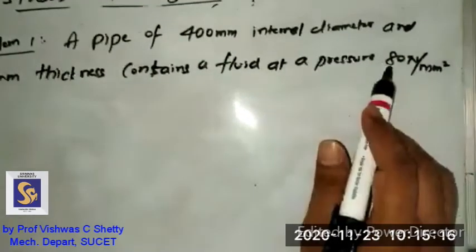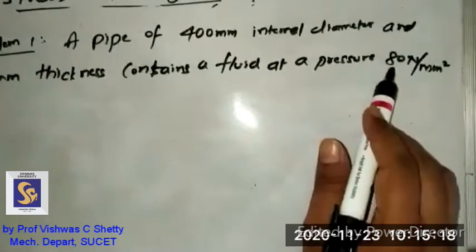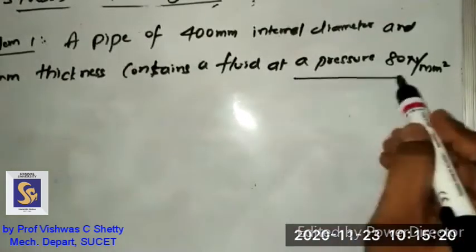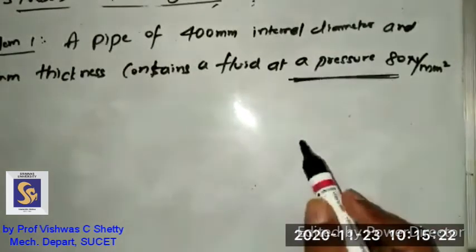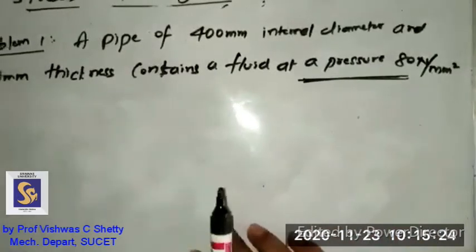So they're saying that there is a thick cylinder with a fluid inside, having an internal pressure of 80 Newton per millimeter square.